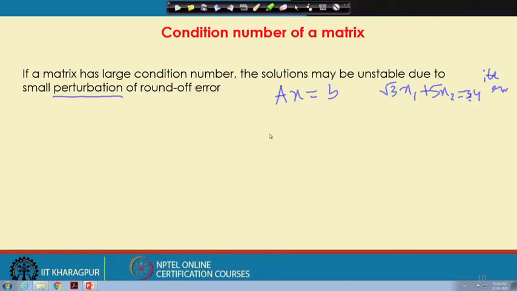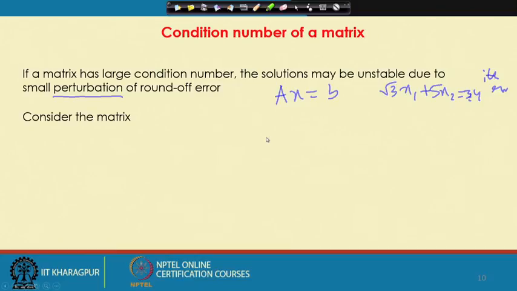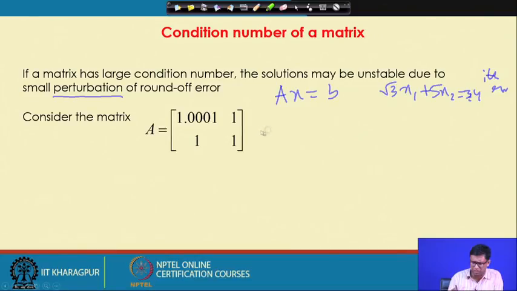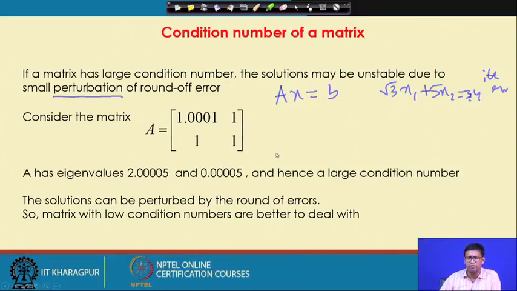Now, think of a matrix with a very high condition number, A equal to 1, 1, 1.001, 1 and we try to find the eigenvalues. The eigenvalues are 2.005 and 0.00005. Therefore, it has a large condition number, to the order of 4 into 10 to the power 4.